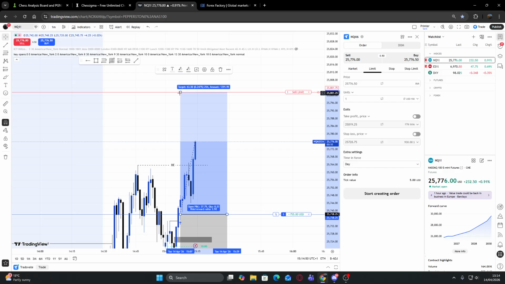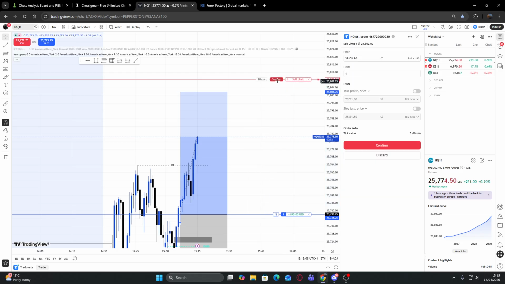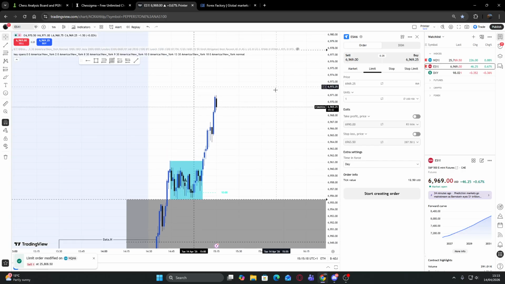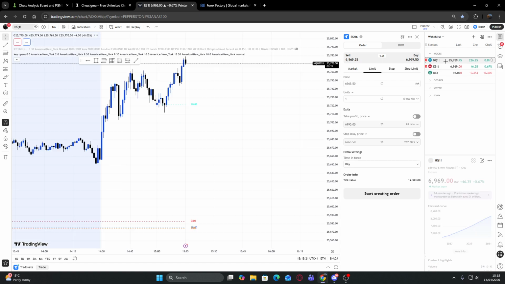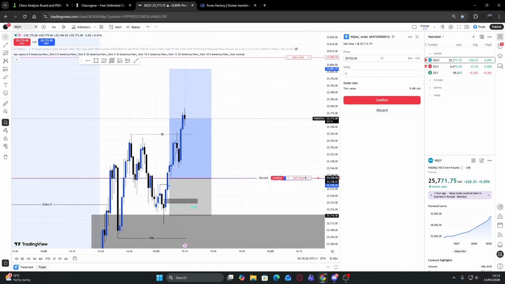What's this? 755. Wait, let me measure this out so I've got this correct. 755 at 30. I need about double that, 38.5. I don't know. I'm just gonna set my stuff a bit higher just so I can watch the price. I will go break even here, by the way.